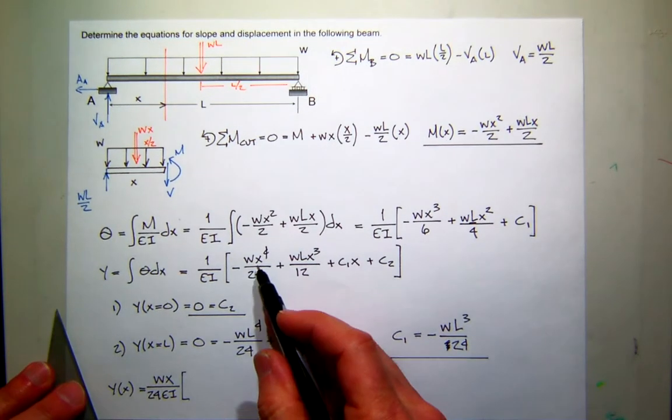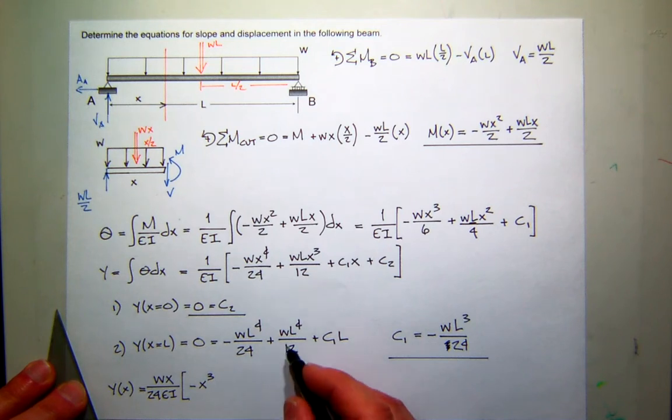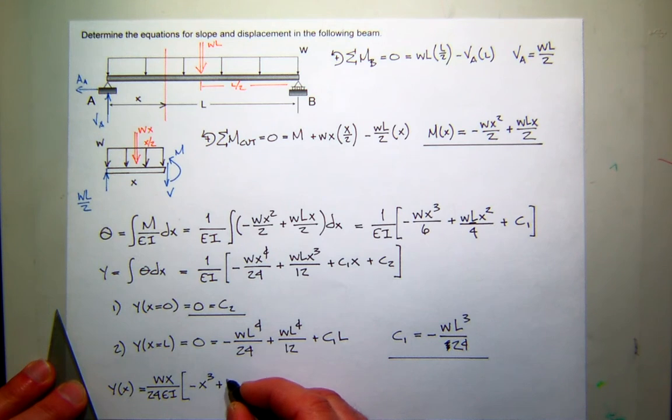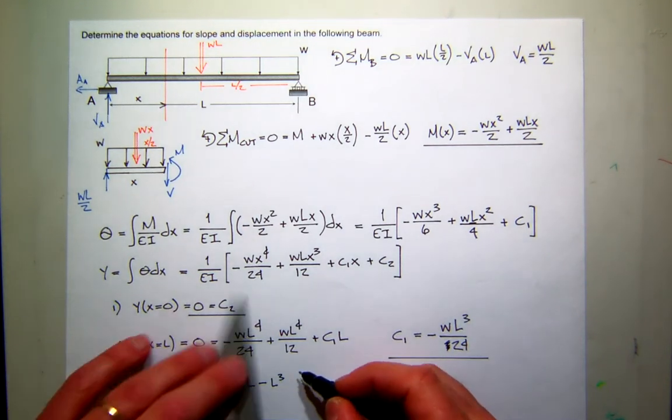And then what do I have left over? If I look at the first term, I've got minus X cubed. The second term, I've got plus 2x squared L. Now look at the C1 term, I've got minus L cubed. I think that's it.